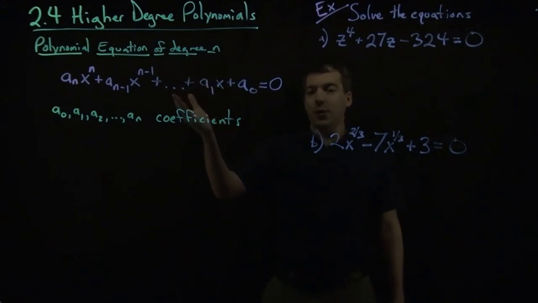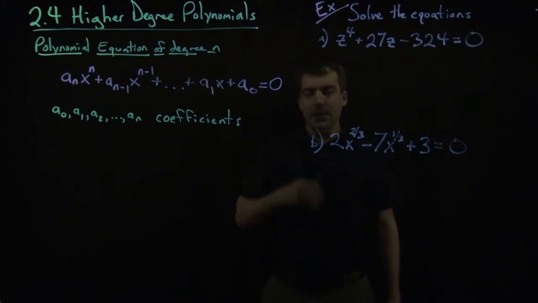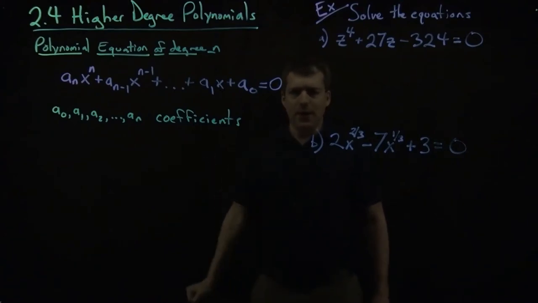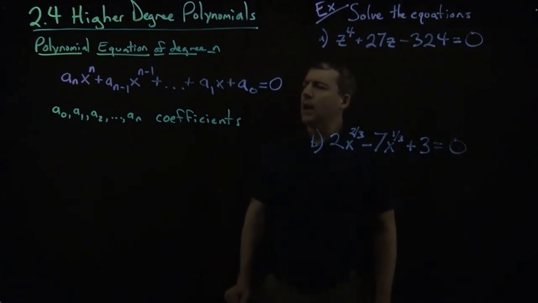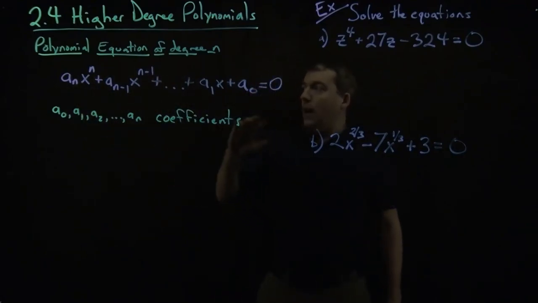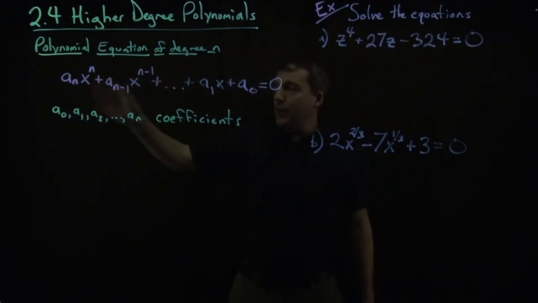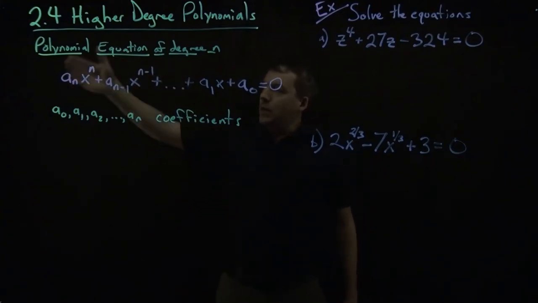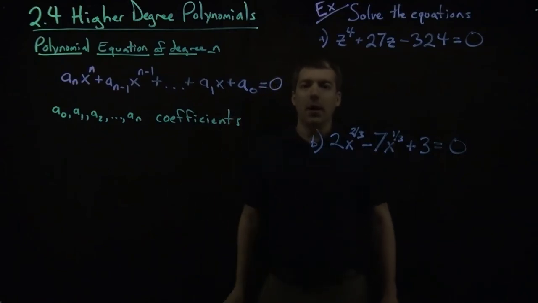Those would be a2x squared plus a1x plus a naught, although we usually used a, b, and c, especially with the quadratic formula. This is just a general polynomial, so higher degree, and there's really no limit to this. We could have a 20th degree polynomial.